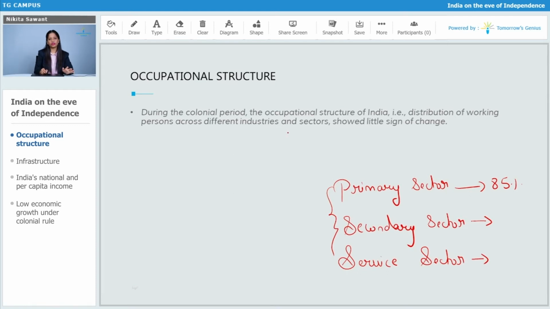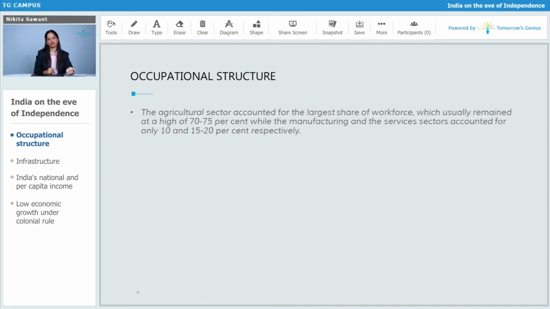So during the colonial period, that is during the British rule, the occupational structure of India, that is the distribution of working persons across different industries and sectors, showed little sign of change. Now what was the change? The agricultural sector accounted for the largest share of the workforce.